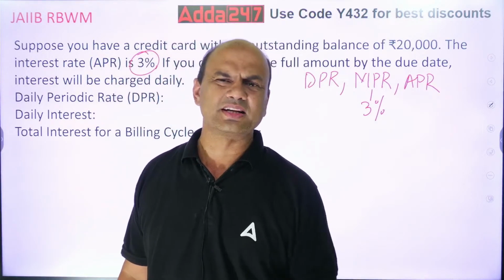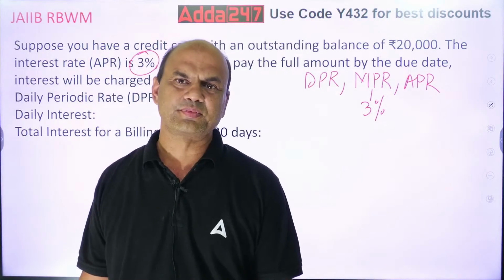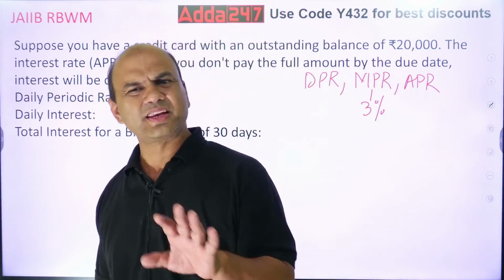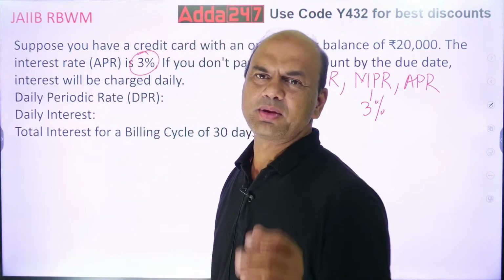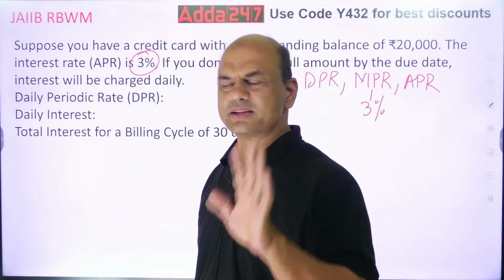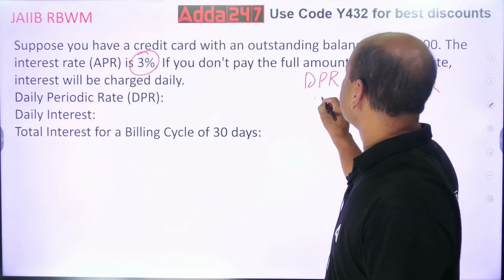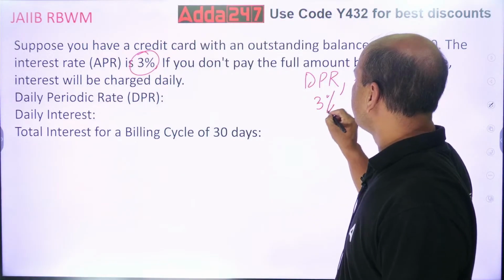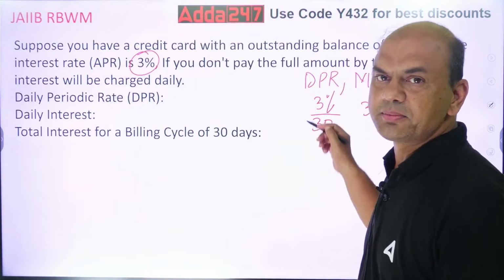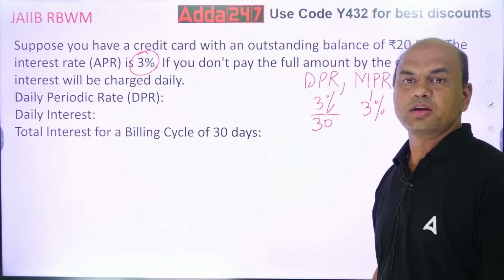Nothing different as such. 3% divided by how many days are there in a month. Roughly we'll take it as 30 days. So it is 3% upon 30. This is your DPR.